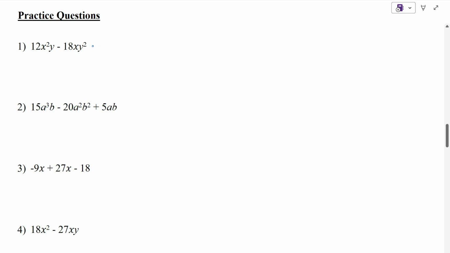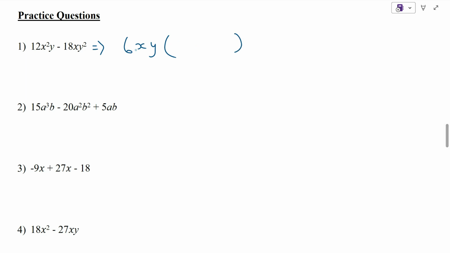Okay, so let's look at the first one. Starting off, we need to find the largest common factor. The largest number that goes into both 12 and 18 is 6. The maximum value that goes into x squared and x is x. And the maximum value that goes into y and y squared is y. Open brackets.